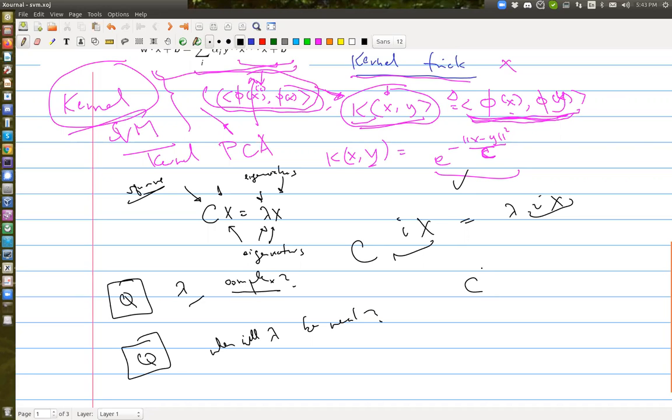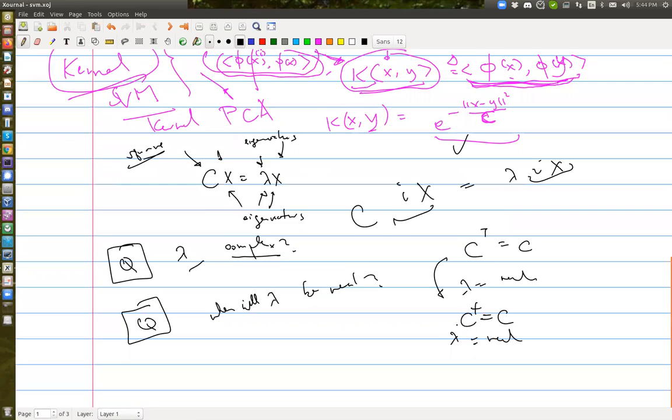So when C is equal to C transpose, then I will have lambda real. To show that, it's easier to show the Hermitian case. Basically, when C is Hermitian, then lambda is real.